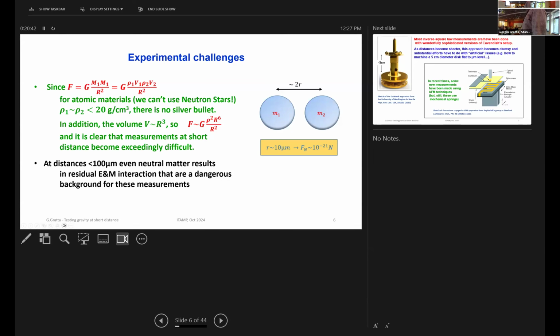Now, the more important issue, though, is that when you go below, say, a tenth of a millimeter, electromagnetic interactions are always there to get you. And that is even for neutral microspheres, which we'll be talking about, and which are wonderful because you can neutralize them and they stay neutral. That's in some senses much better than having a cantilever or a torsion balance, which is connected mechanically to the world.